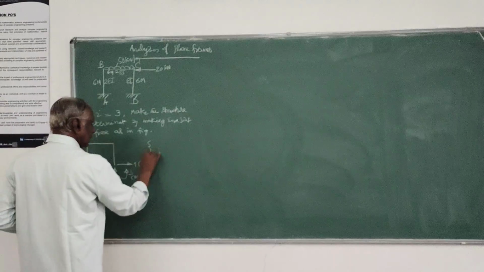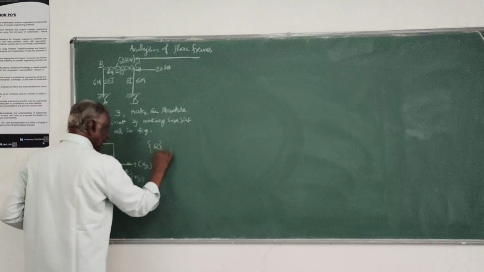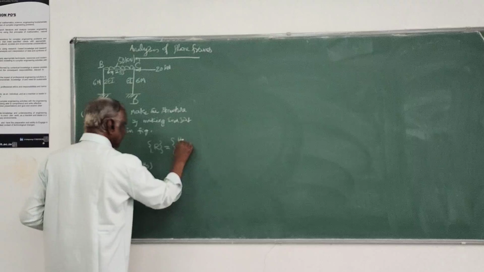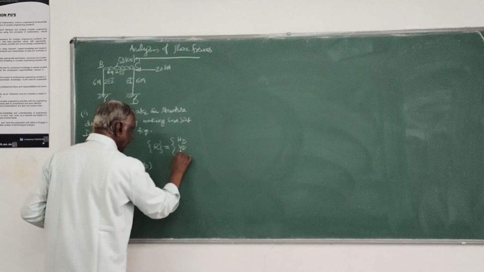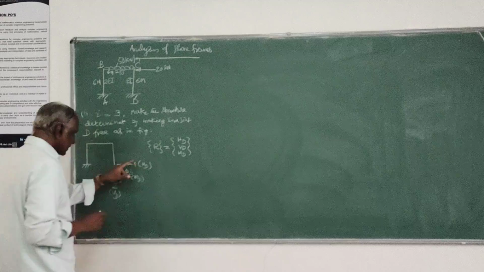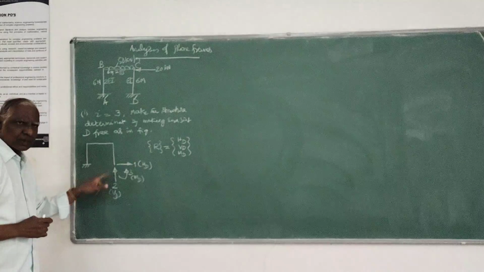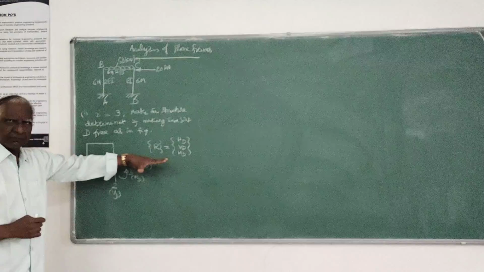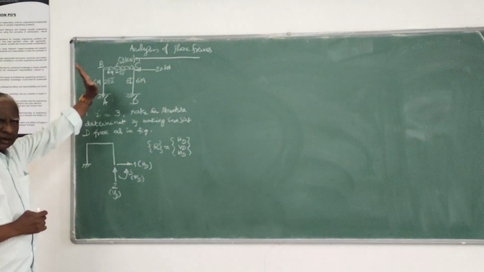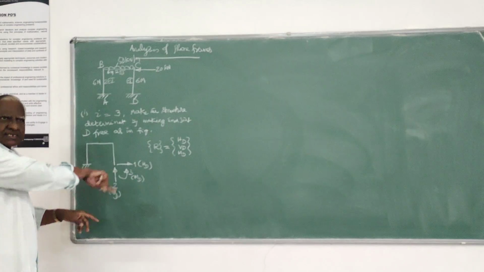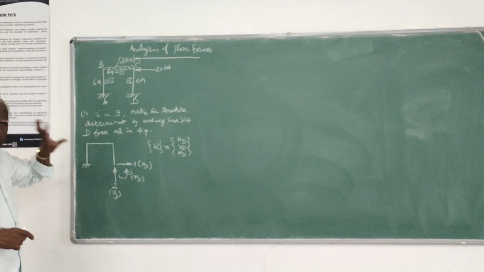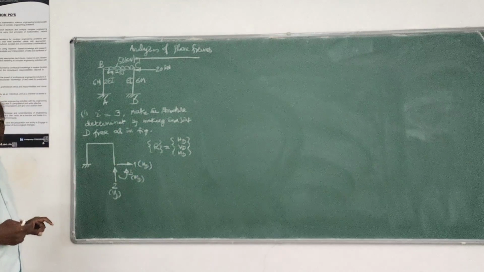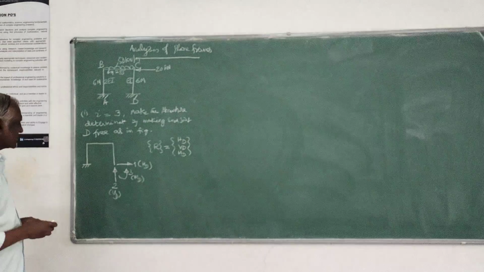Therefore, the releases which you have made are R equals HD, VD and MD along these 3 coordinates. This indicates the positive direction of these forces. HD is from left to right, VD from bottom to top, and MD is anti-clockwise. These are the coordinate directions I have assumed to start with. These are what we have to determine during our analysis.